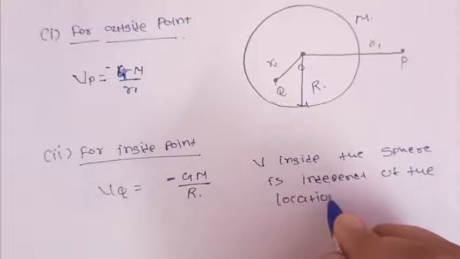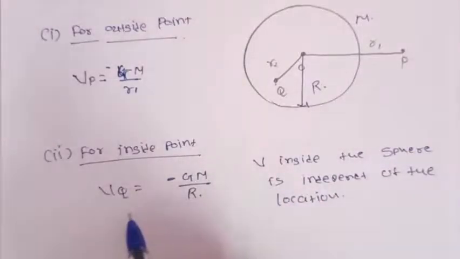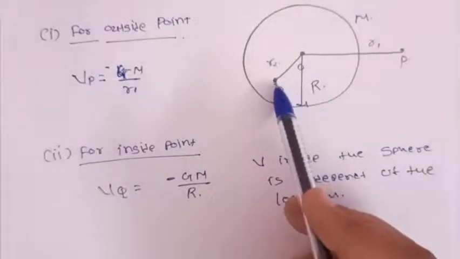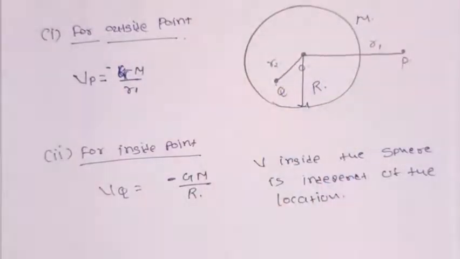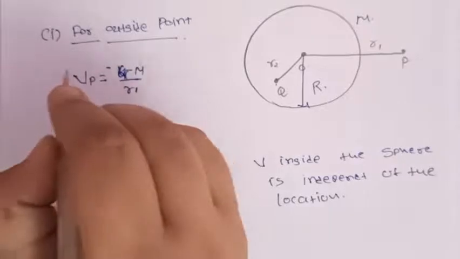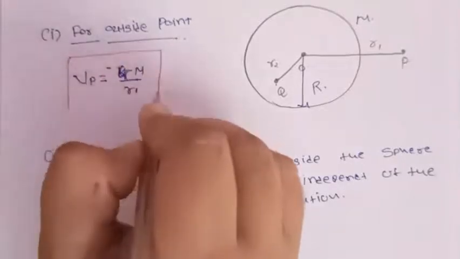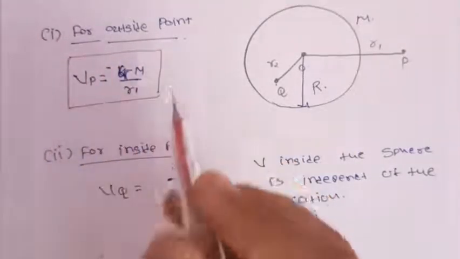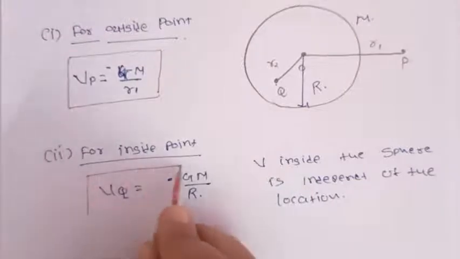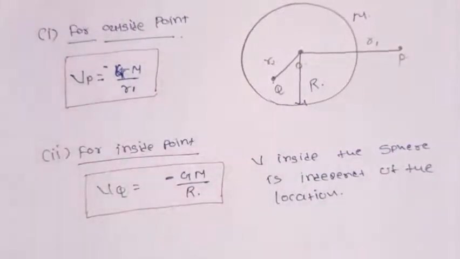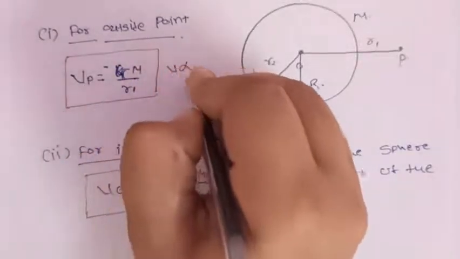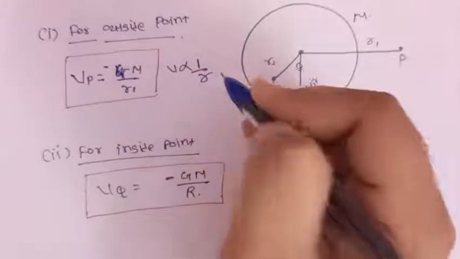As we can see in the formula, this is not dependent on the distance from center r2. So it is independent of location. So for outside point, it will behave as a point mass, and for inside point, it is constant. That will be minus GM upon R. For outside point, potential is inversely proportional to r.